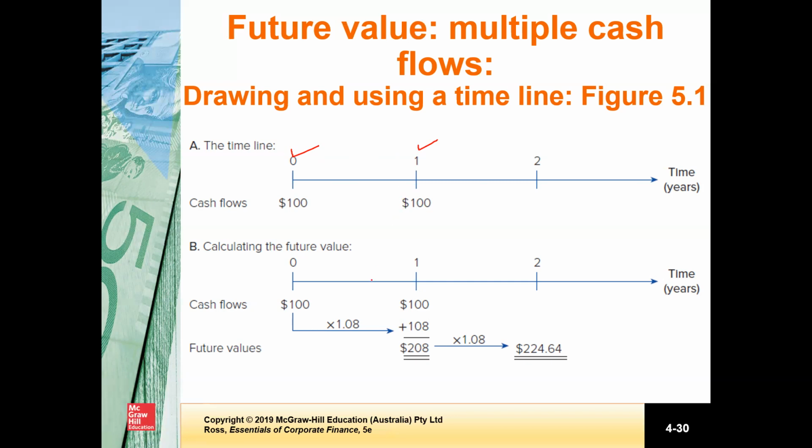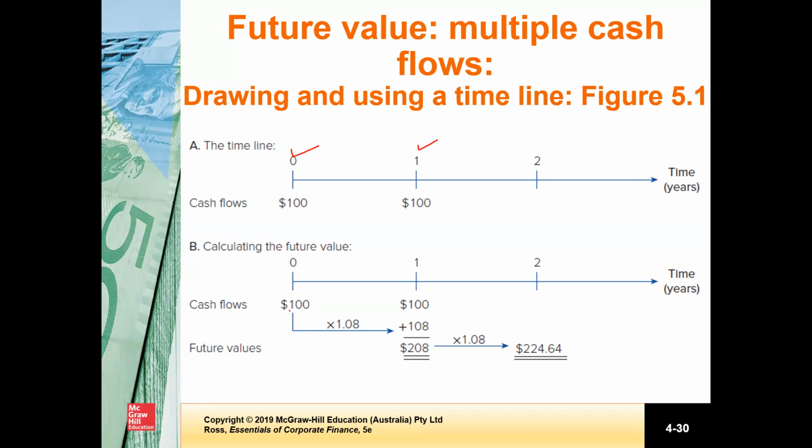Okay. And in the second part, you can see that we calculate the future values. Okay. So when we calculated future value of the two $100 deposits, we simply calculated the balance at the beginning of each year and then rolled the amount forward to the next year, right?